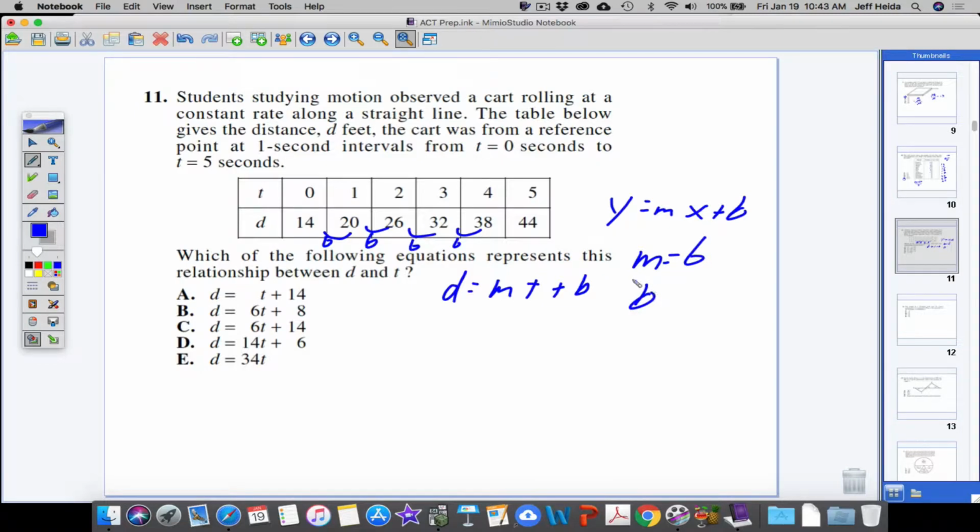And b, the y-intercept, when t is 0, d is 14, so d is going to be 6t plus 14, which is C.